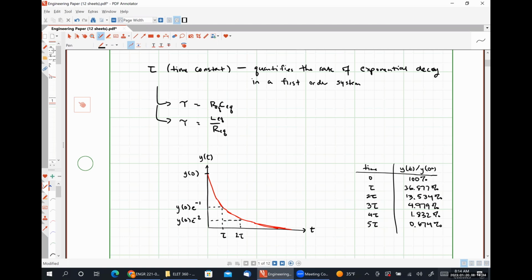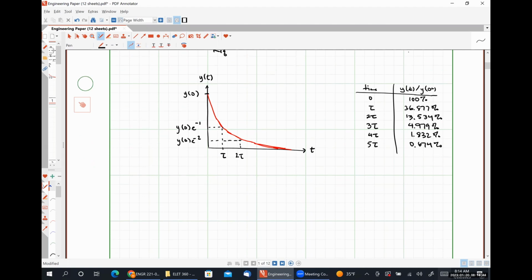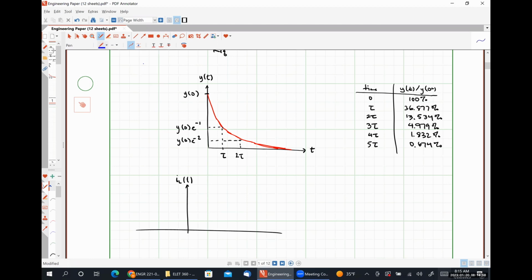So when we looked at these transient analysis derivations on Wednesday, we said that if I were to plot something here, let's say that this is our inductor current as a function of time, right? Let's do blue here.